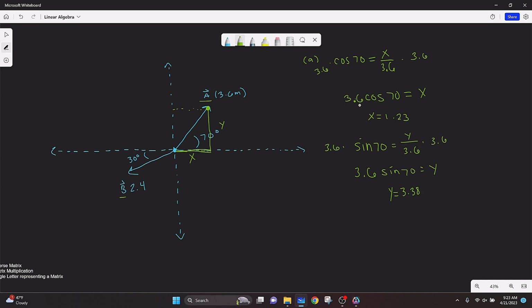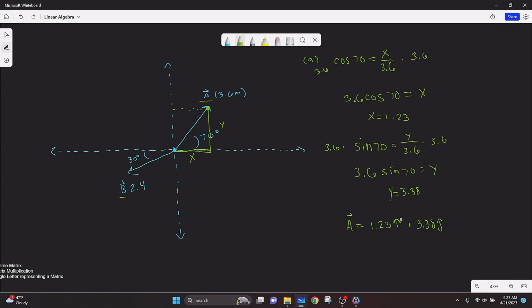And so to write this as a unit vector, we just say that vector A is equal to our x dimension, which is 1.23. And we use this funny looking i hat to represent x. And then we add the y component, which is 3.38. And this is a j hat.